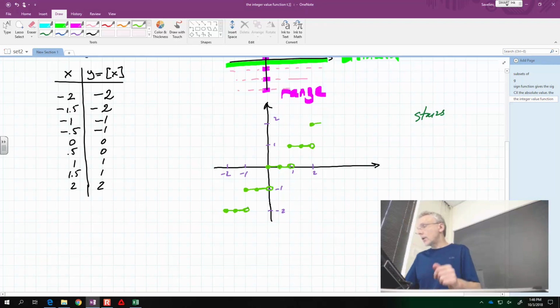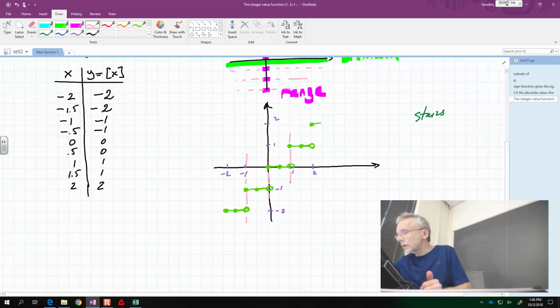As you can see, the vertical line test is satisfied because of those holes. Let me confirm that like this. I drew those pink lines, and I'm making sure that there's exactly one point on the graph that lies on that vertical line. Even though it appears there are two, the reality is only one point.